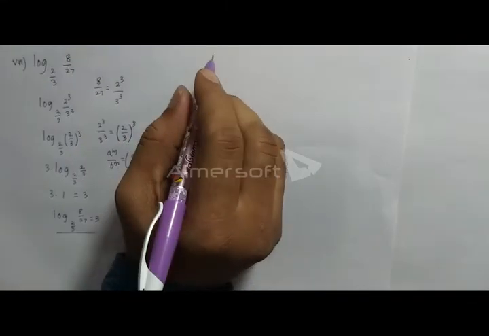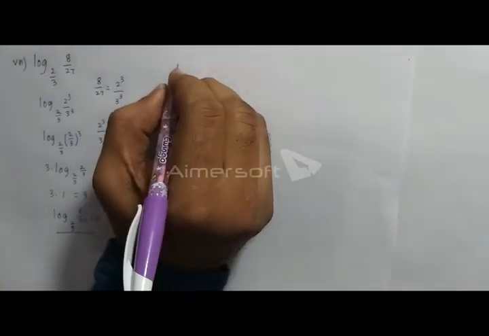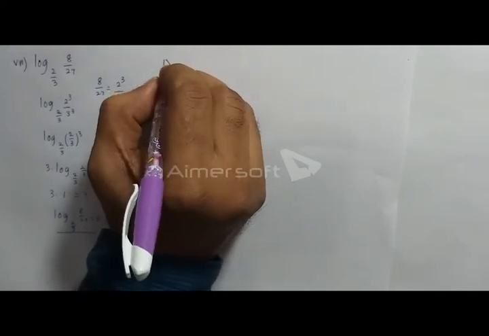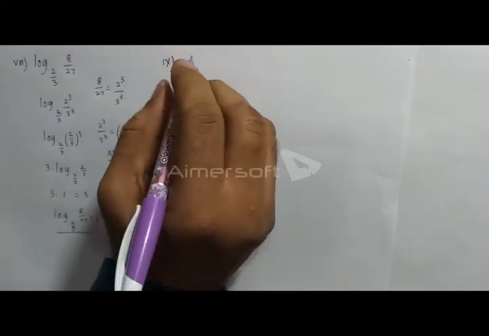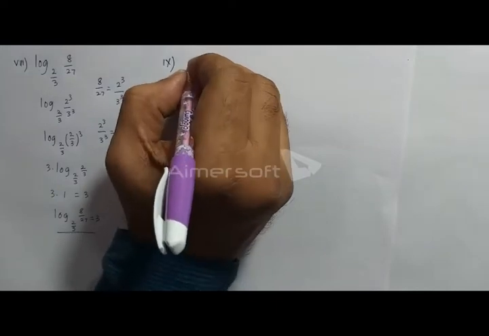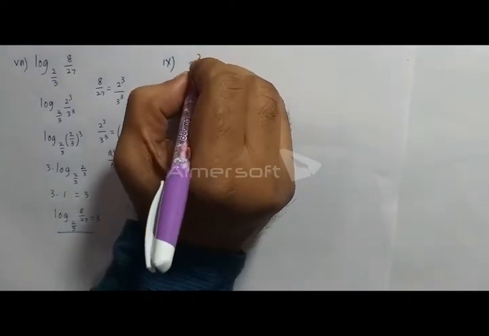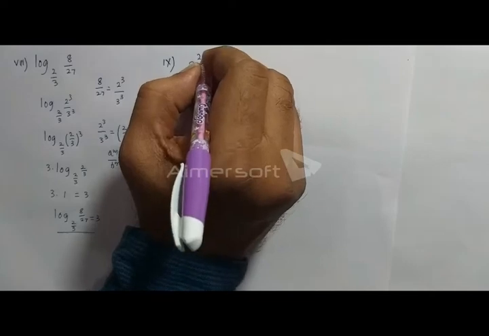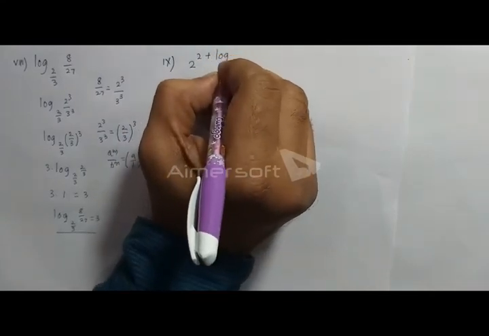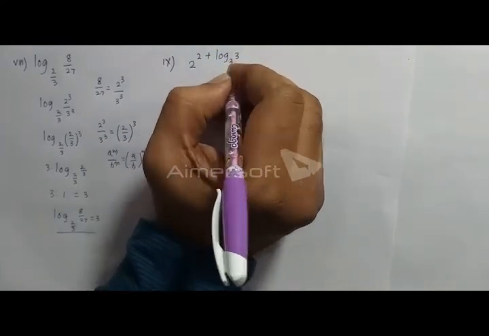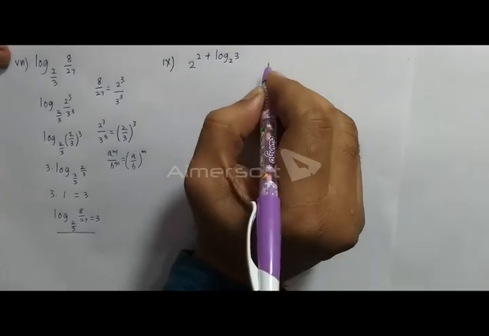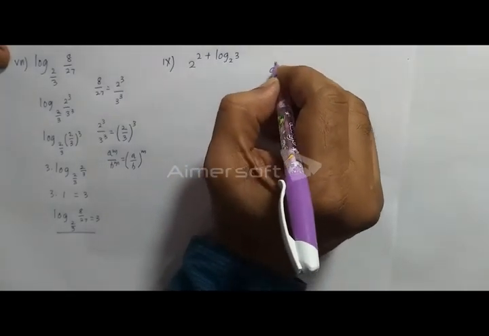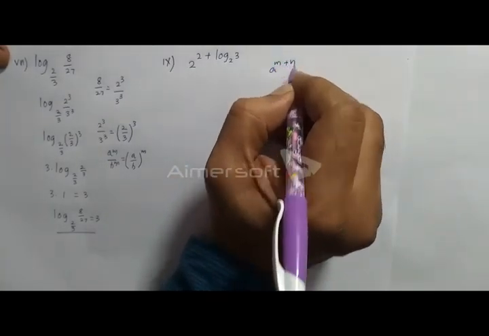Okay students, let's move towards ninth problem. Two power 2 plus log 3 base 2. This is the question. Observe this question. This is in the form of a power m plus n.